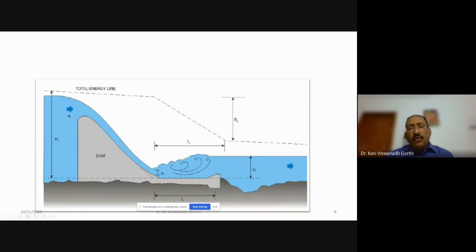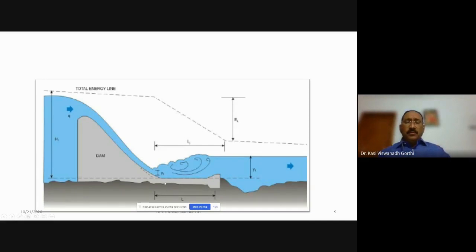Usually the portion from the foot of the spillway, extending a little beyond the jump, is provided with a solid concrete apron. The purpose of providing this concrete apron is that when the water is creating impact, exerting thrust on the downstream portion of the spillway, it should be able to resist all this thrust coming because of the kinetic energy of water.